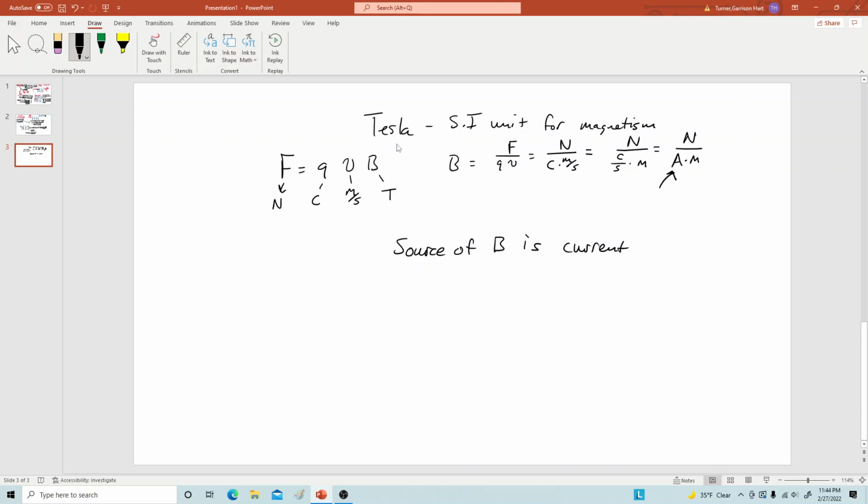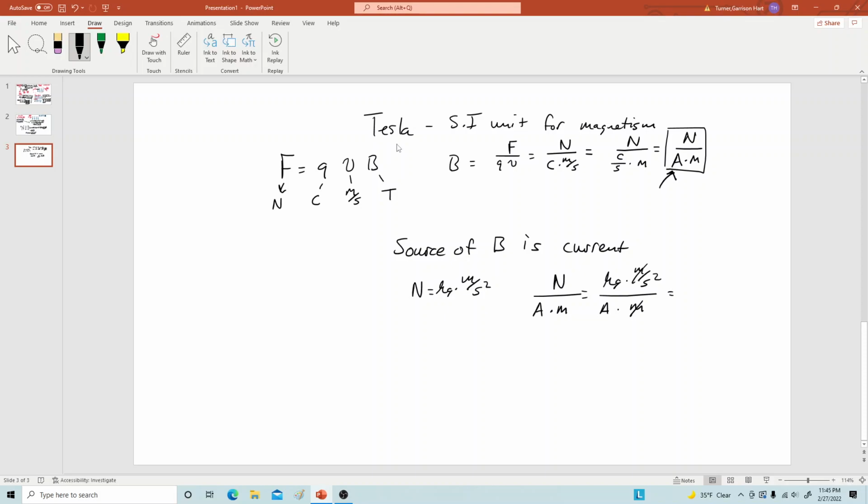actually, we can break this down even a little bit further if we want to. Remember, newtons is kilograms times meters per second squared. So newtons per amp times meters is kilograms times meters per second squared over amps times meters, so my meters cancel out.